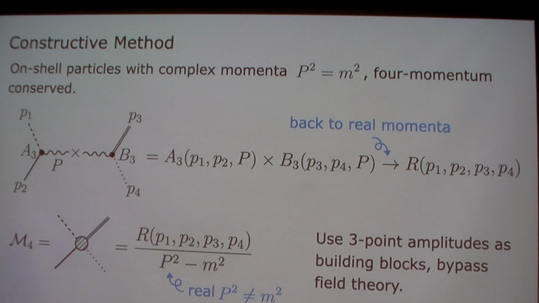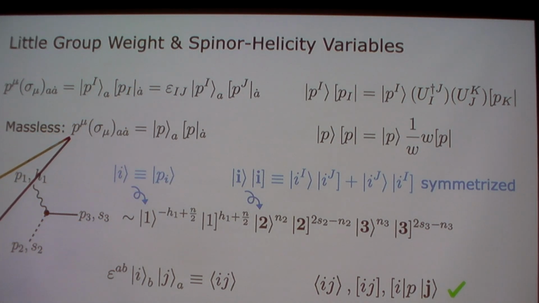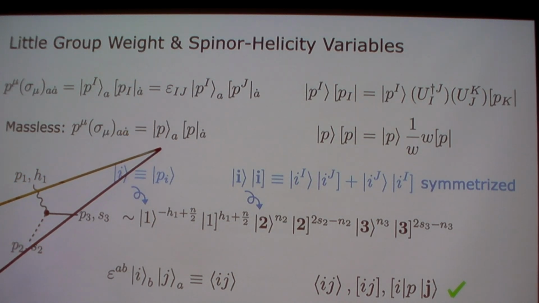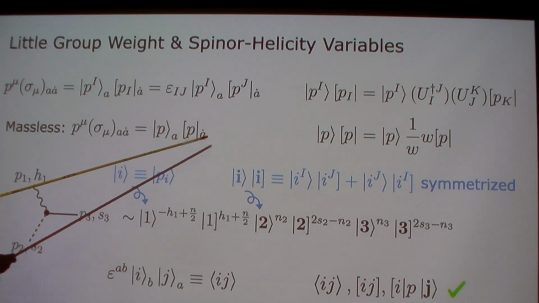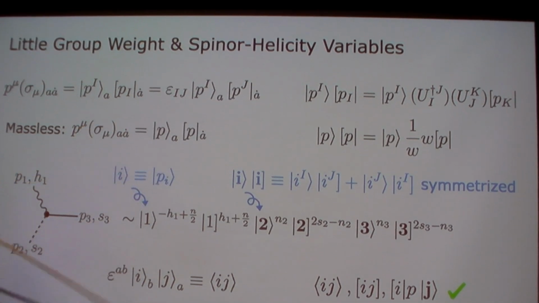Okay, so to build out these three-point amplitudes, what we need is the spinor helicity variables defined by contracting the momentum with these sigma matrices. The sigma matrices are the Pauli matrices for the spatial components and a 2x2 unit matrix for the time component. For a massless particle, this 2x2 matrix can be decomposed into a 2x1 column vector direct product with a 1x2 row vector. For a massive particle, you have to add two pairs of them using the Dirac delta tensor.